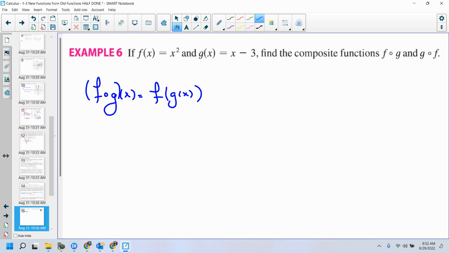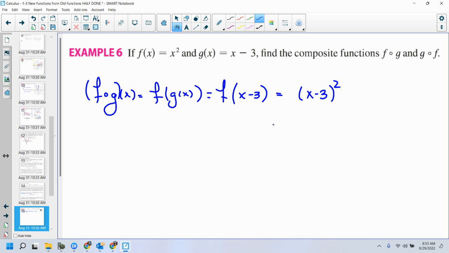Okay, let's plug g of x into f of x. So, if you want to continue with that notation, you would say, I'm going to find f of x minus 3, because that is g of x, isn't it? Let's plug it in now. So let's find x minus 3 squared.